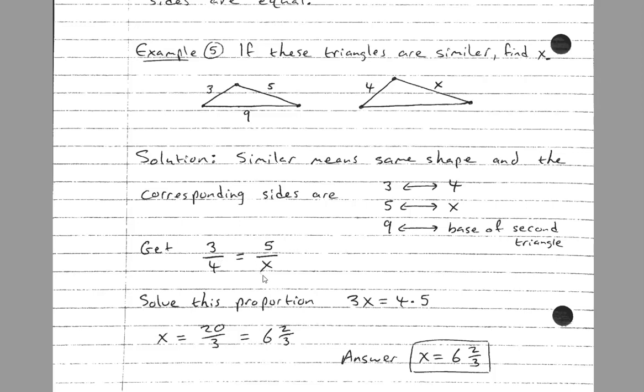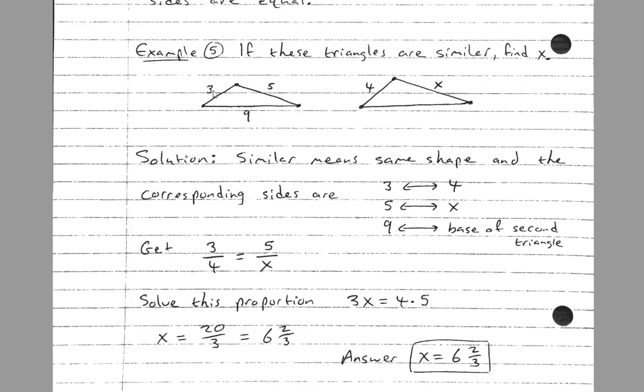Alright, then solve this. 3 times X is equal to 20. Divide both sides by 3, so X is 20 over 3, or 6 2/3. And that's the answer. X is equal to 6 2/3. And yeah, you can see that this second triangle is just slightly bigger than the first one.